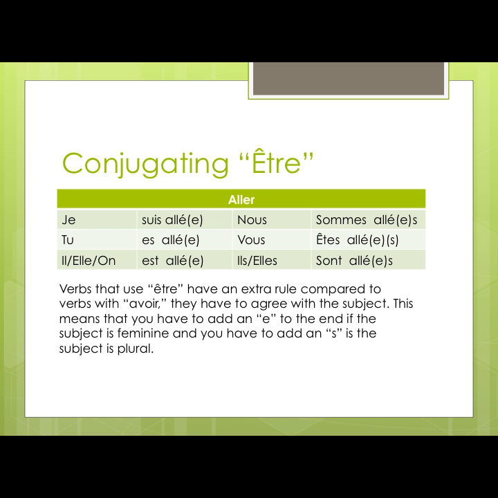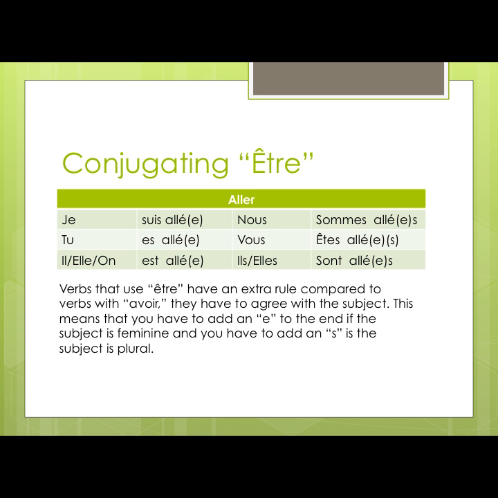Now, être, let's go over the conjugation for that. Je suis, tu es, il, elle, on est, nous sommes, vous êtes, ils, elles sont. Now, as you can see, you have the option of putting either an E or an S on the end of allé, your past participle.